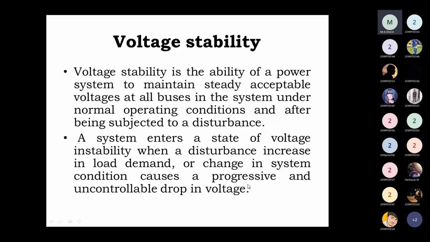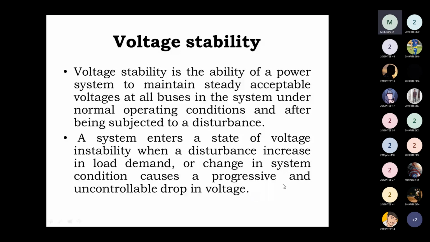So in our domestic supply system, we encounter low voltage problems. Why is it low? We are receiving low voltages in our residential areas because of the uncontrollable drop in voltage, since the demand is more and more and supply is less. So only the voltage sharing is less.